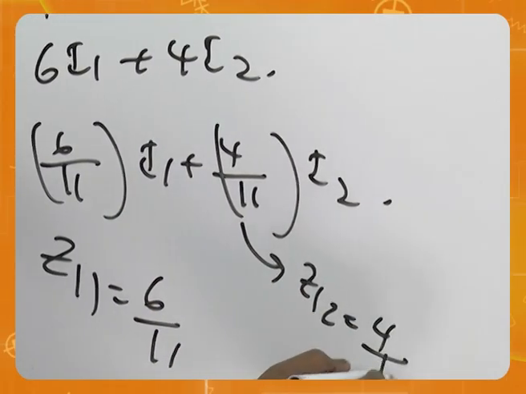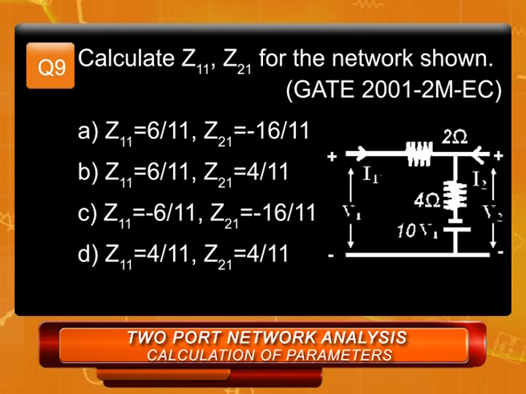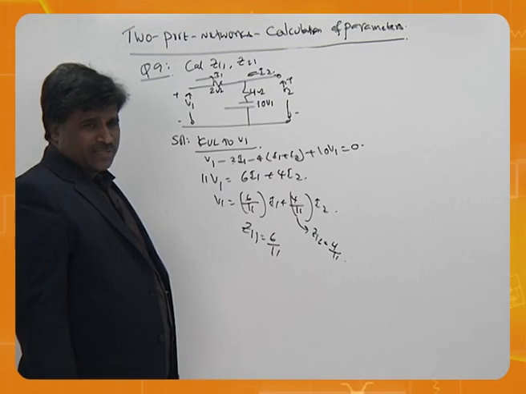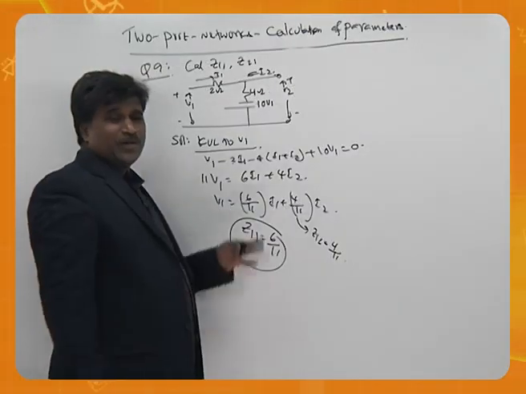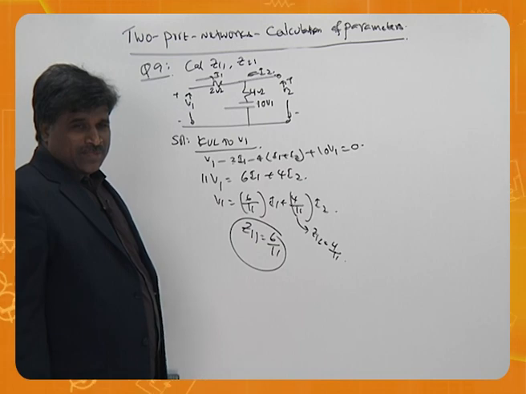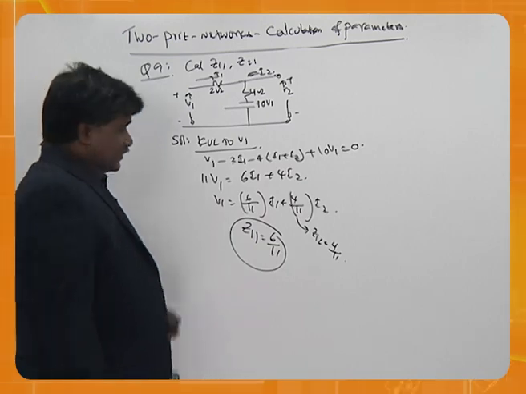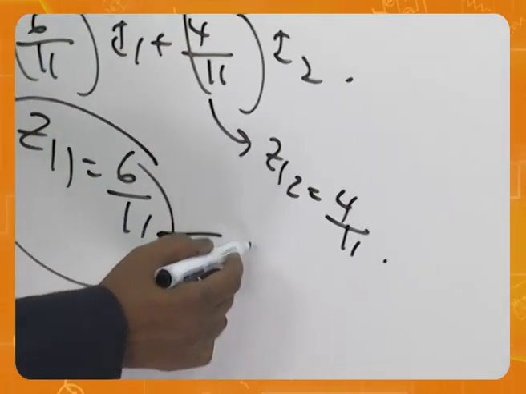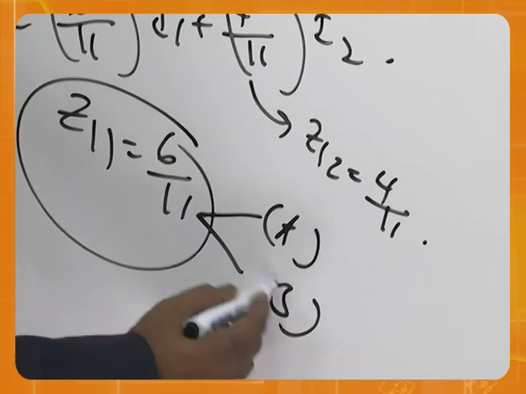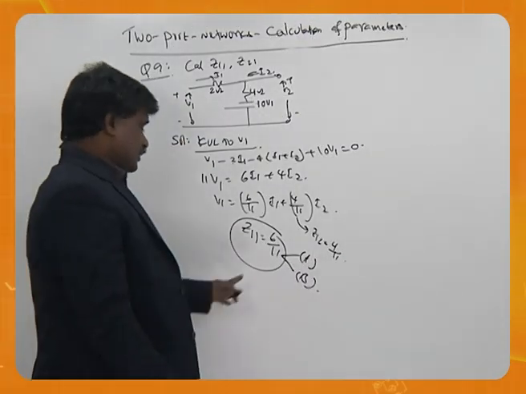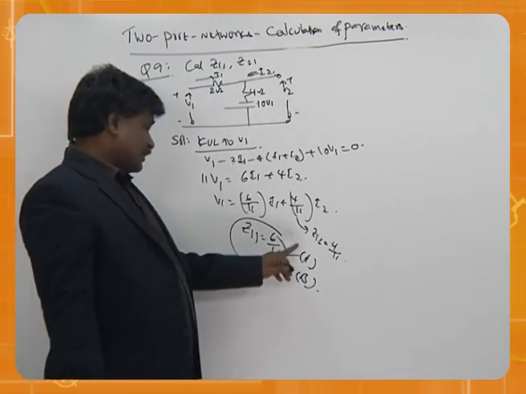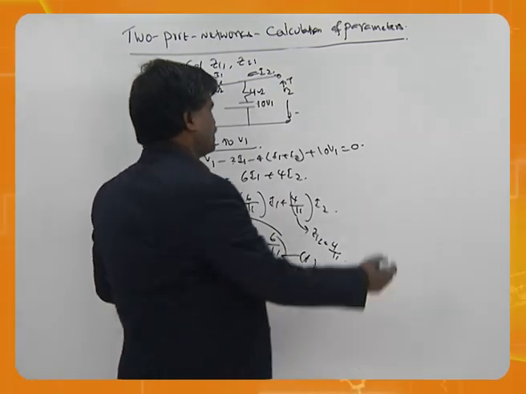Z12 is 4 by 11. Now once again you see the options. But very unfortunately, 6 by 11 has come, and it is there in all of A, B, C. I thought of escaping. But at least from here, I can say the option is either A or B, because 6 by 11 is there. Now I need to eliminate one more option using V2.